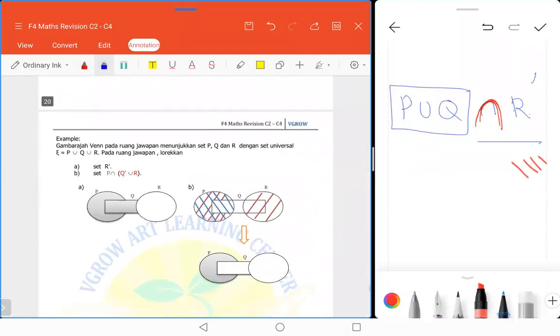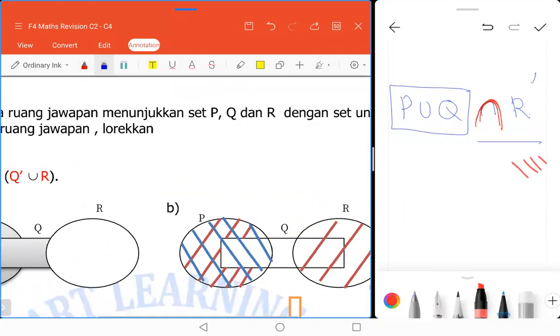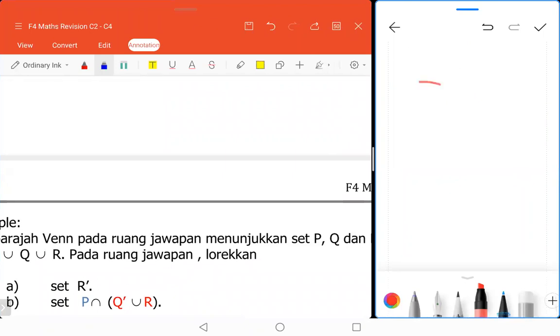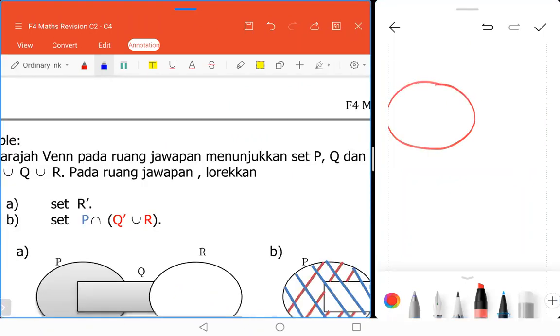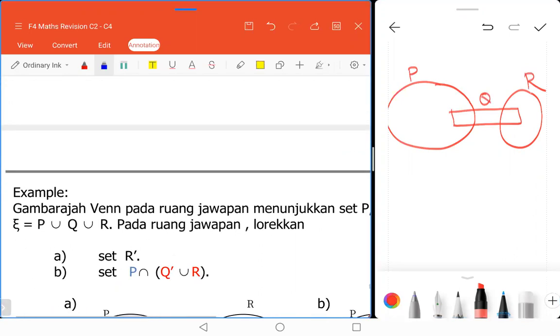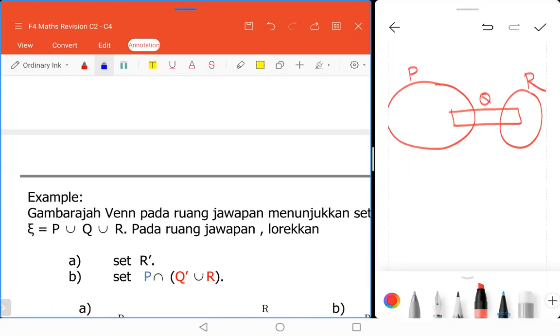So we try one. Okay, we just want to see the answer first. You can draw it yourself. Two circles joined with a rectangle here. So this is P, Q, R. Okay, question A, set R prime.